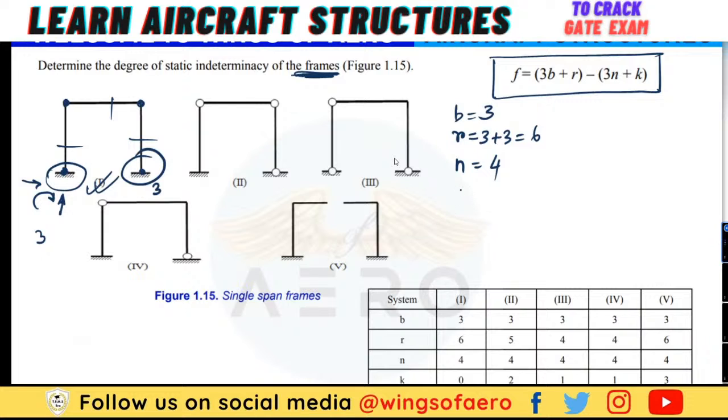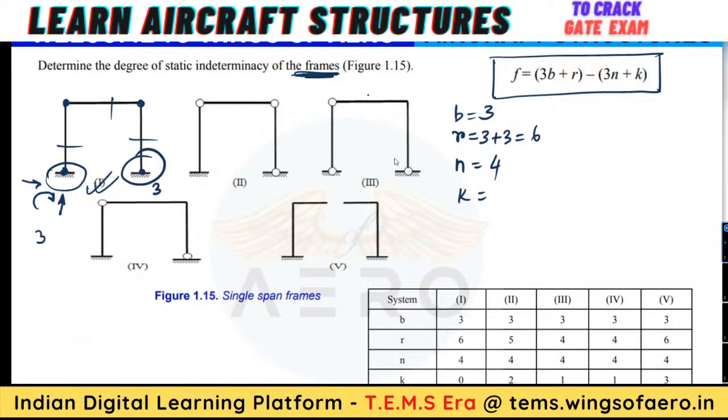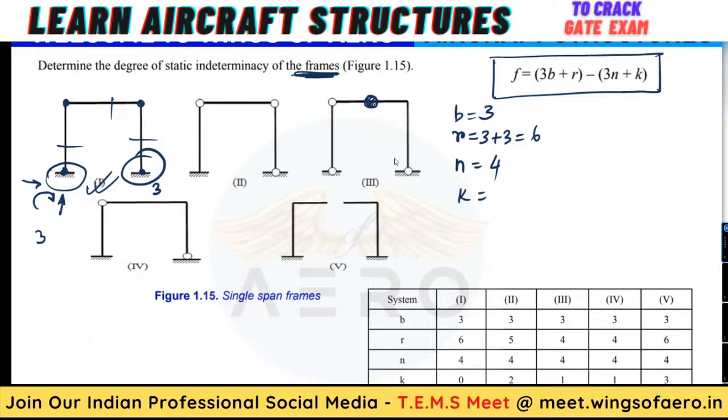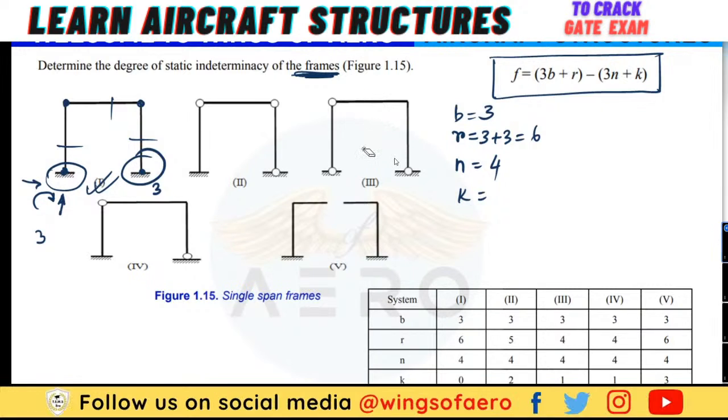And what is K? There are no additional hinge supports, right? In between, if there are any hinge supports, you have seen in the first slide itself, I have discussed that if there is any hinge support in between, then that is considered. So here we don't have any additional hinge over here.